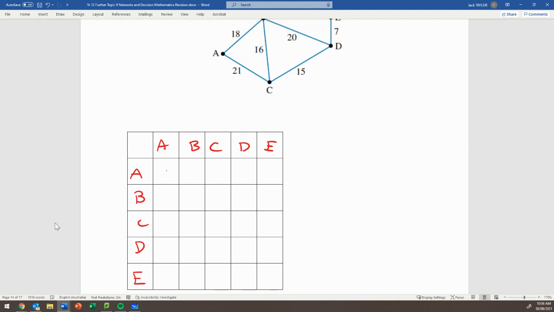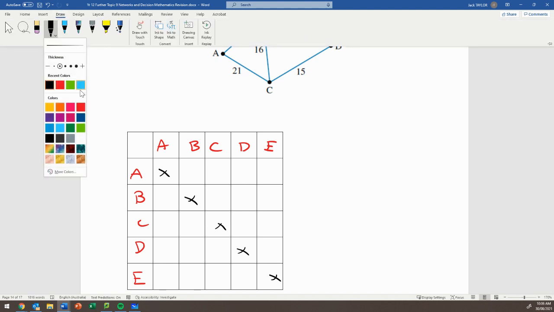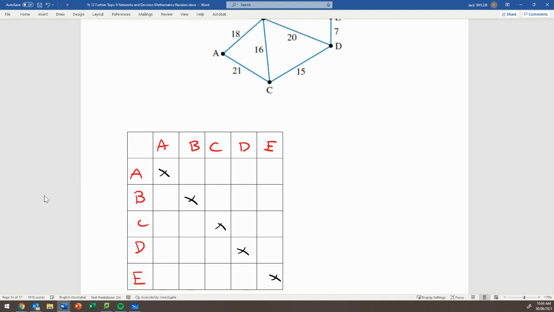Just do a diagonal of x's, as we often do. All right, now I can fill in my values. So A can get to B and C, B with a value of 18 and C with a value of 21. B can get to just about everything.